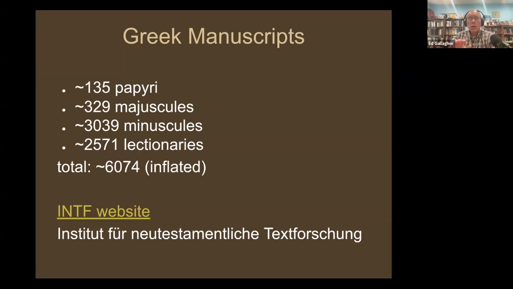But the point is, not all 120 of our New Testament papyri are earlier than all other manuscripts. There's a great deal of overlap, and some of the papyri can go as late as, I think, we'll see a chart here in a minute that's showing us, but 6th, 7th, 8th century maybe.